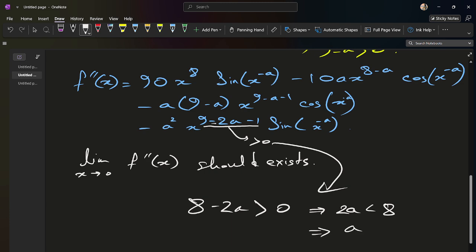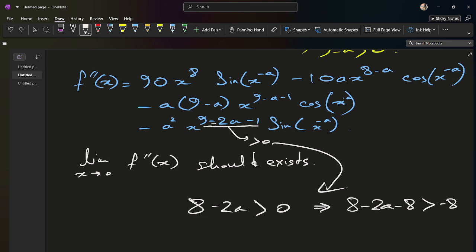Okay, so our 8 minus 2a is greater than 0, so our a will be less than 4, and our a has to be greater than 0, so our interval will be 0 to 4, and a will lie between this. Okay, so hope you understood, guys.